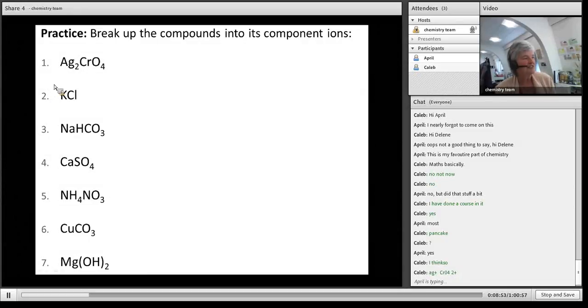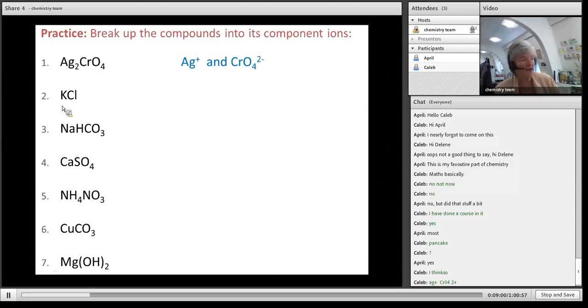So there you've got it, and I don't want to spend too much time, but if you were looking at the recording, you could pause the video and just do it. So you've got the potassium and chloride ions, the sodium and hydrogen carbonate ions.